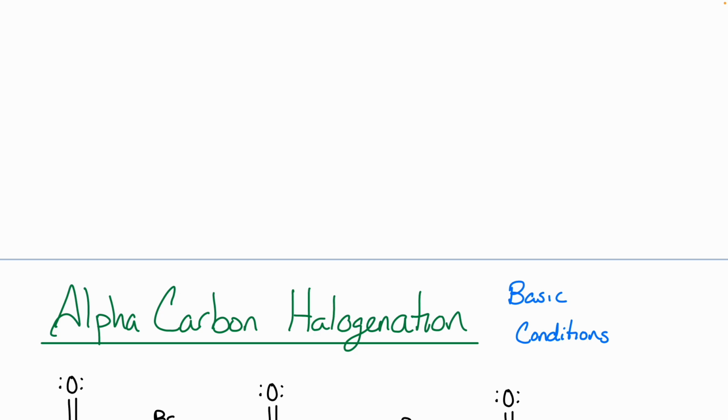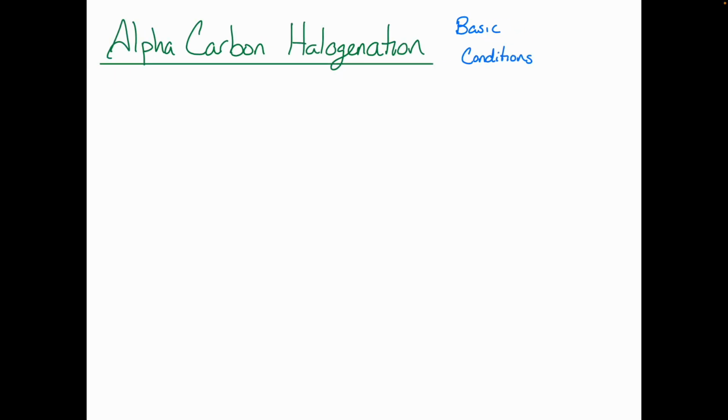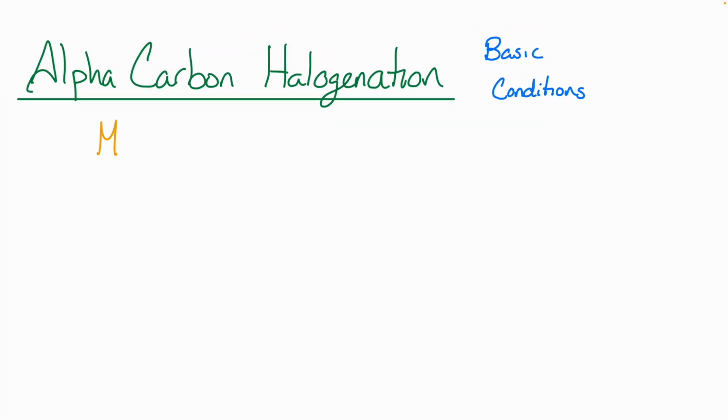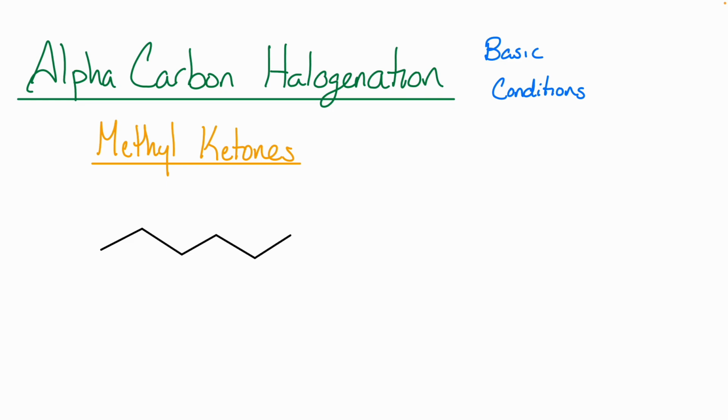And now we got to add one more kind of caveat here, specifically for what are called methyl ketones. So, for example, a methyl ketone is any ketone where on one side of that carbonyl is a methyl group, aka one of your alpha carbons is a methyl carbon.